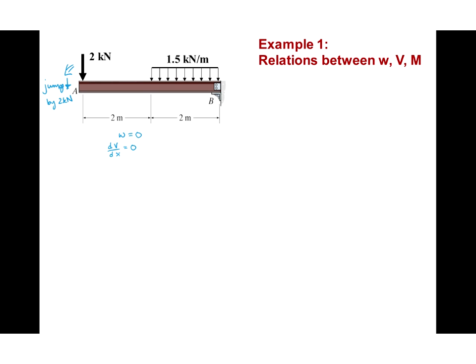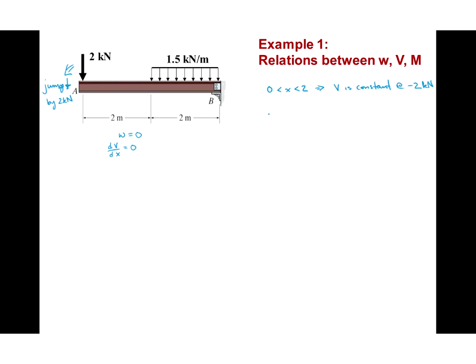And of course, if dV/dx is 0, that means that V is a constant. So V stays constant from 0 to 2. So we can say from 0 less than x less than 2, V is constant at a value of -2 kilonewtons, which is what we got from that point force.